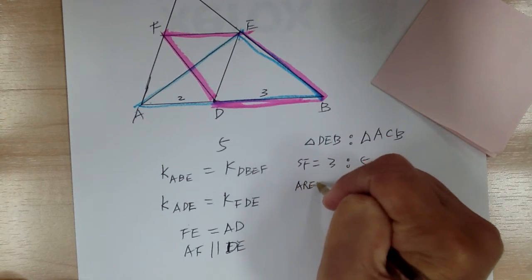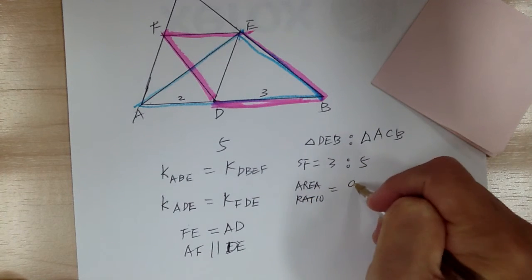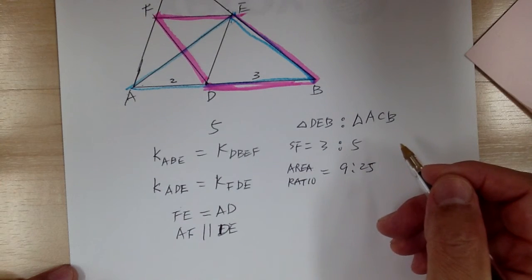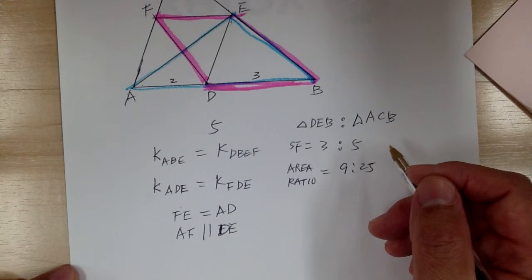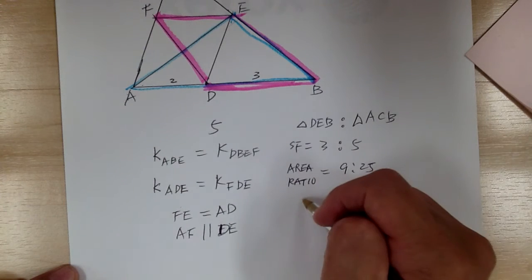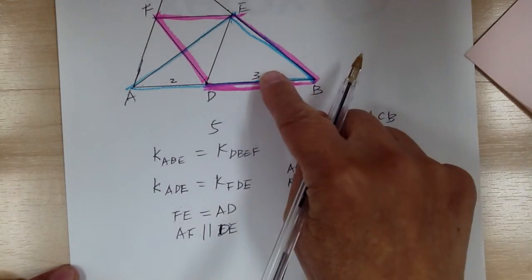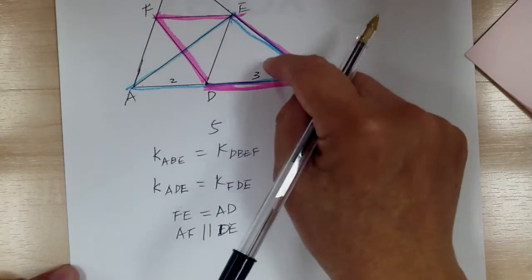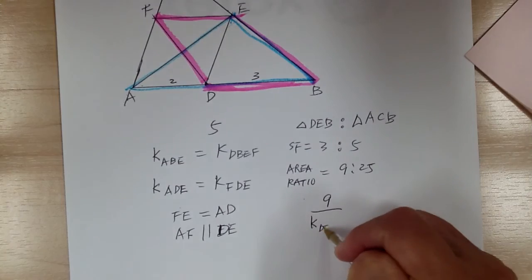Then the area ratio is equal to 9 to 25. So the 9 over area of DEB.